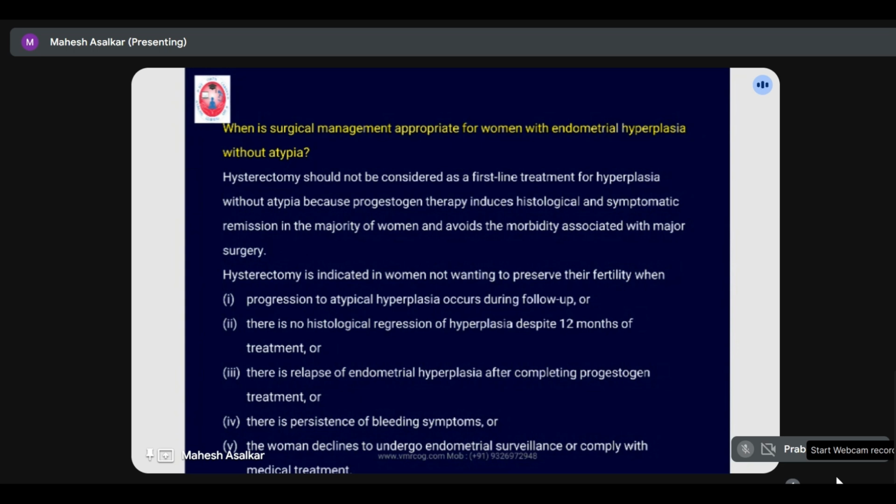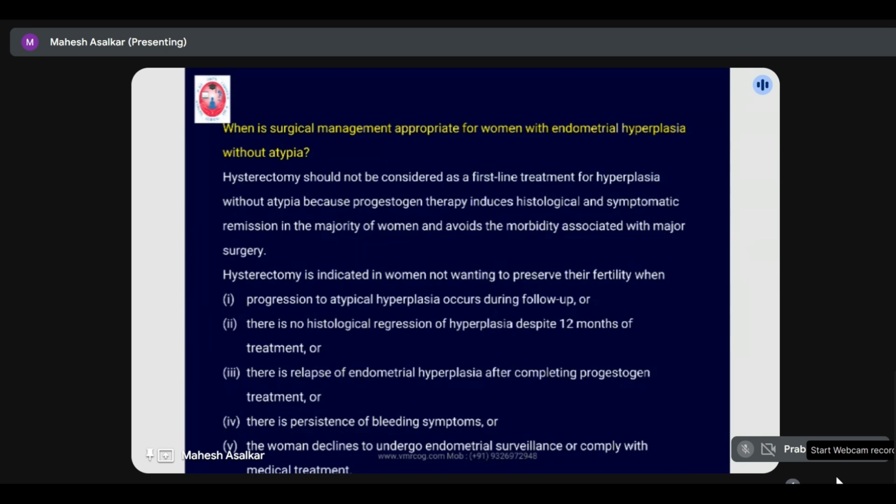Third, there is a relapse of the endometrial hyperplasia after completing the progesterone treatment. The patient was started on progesterone, responded, but again there is a relapse. If there is a relapse, then we will do hysterectomy.